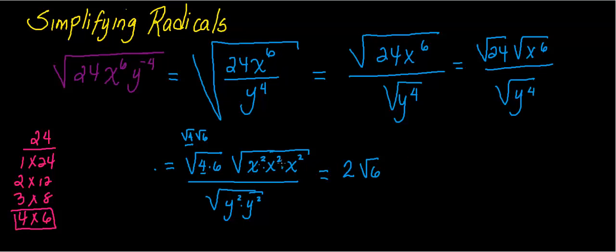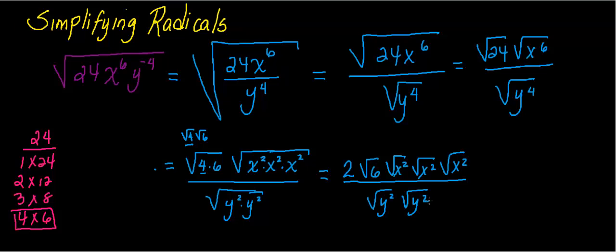And for these here, remember, I can separate these into their very own little radicals. I could have the square root of x squared, x squared, x squared, and in the denominator the square root of y squared, square root of y squared. Then I have 2 square root of 6, and out of each of these radicals comes out an x, right?